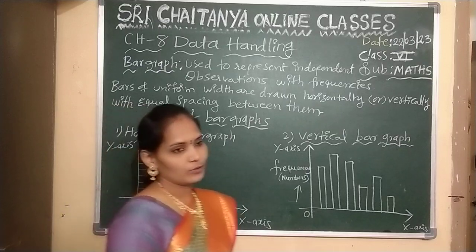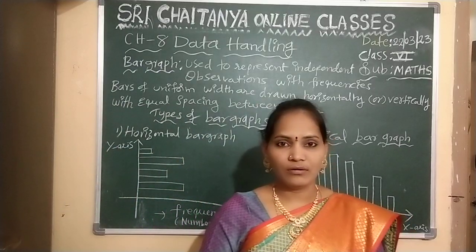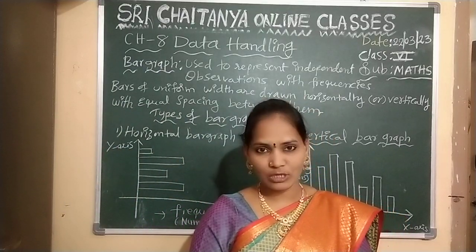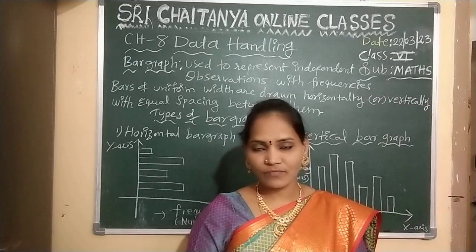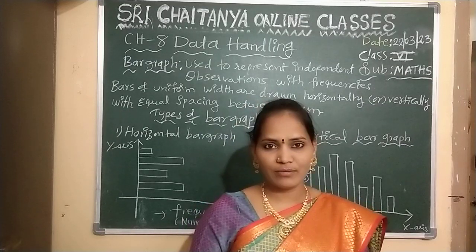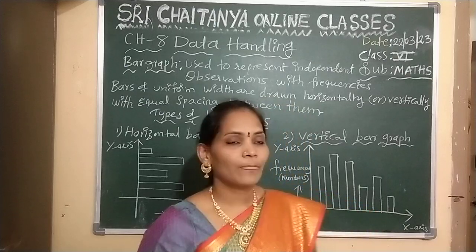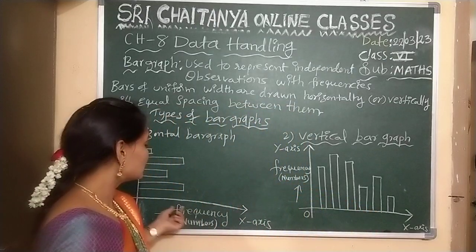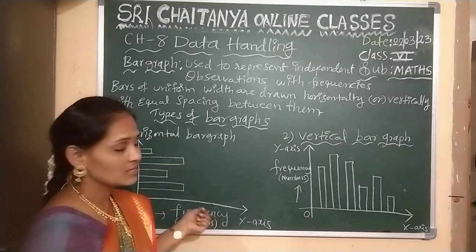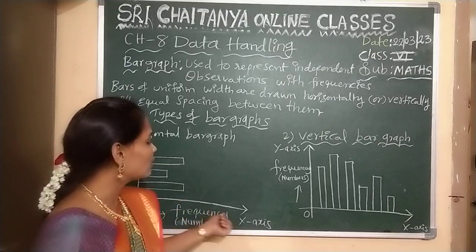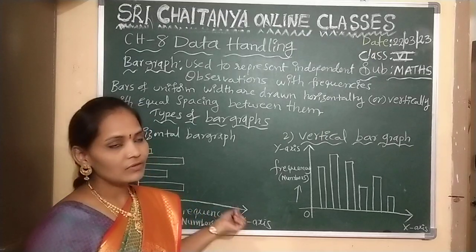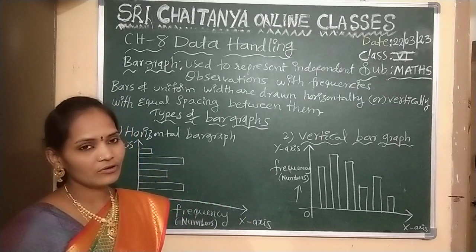One more example: years of the animals, meaning the age of animals or age of students. Numbers like 5 years, 10 years, 6 years, if you take on the x-axis, we will get a horizontal bar graph.